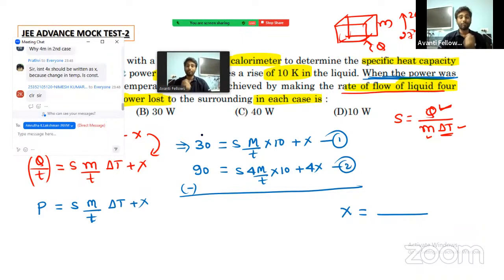Look here. Why 4m in the second statement? Because look here, rate of flow in the third line: the rate of flow of liquid is 4 times increased. They have given that. That's why mass by time is the rate of flow, so in the second equation it will be 4 times.